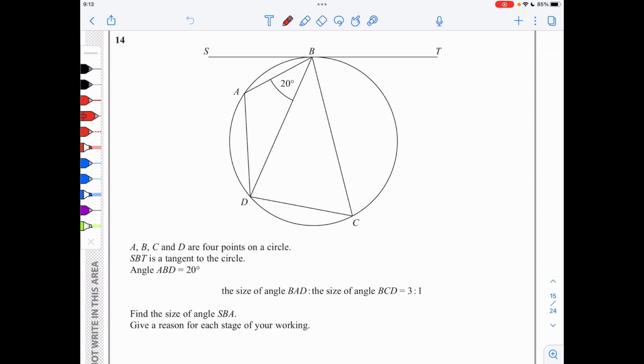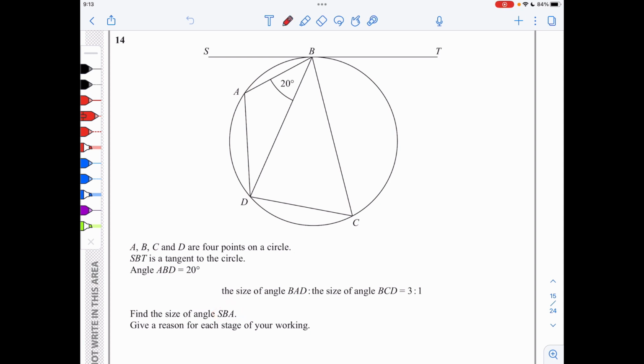In question 14, we've got the cyclic quadrilateral ABCD and the tangent ST. We know that the angle here is 20 degrees, and in addition, the ratio of BAD to BCD is 3:1. We need to work out the size of SBA, and we need to be providing reasons. We start by using the ratio here.